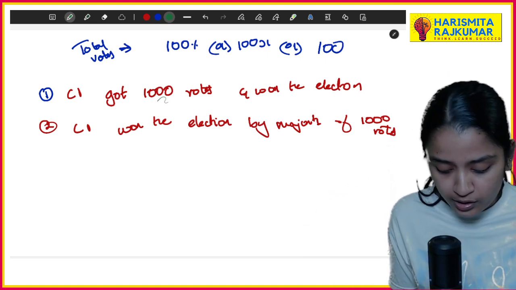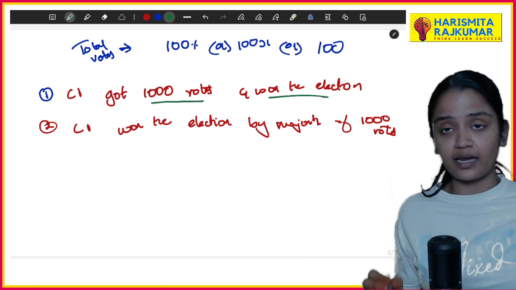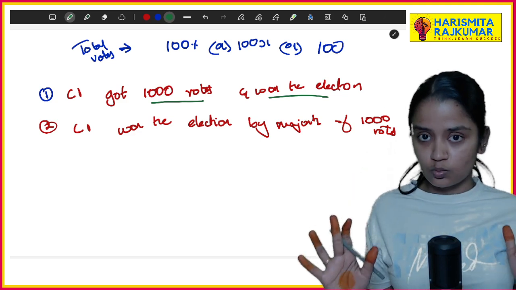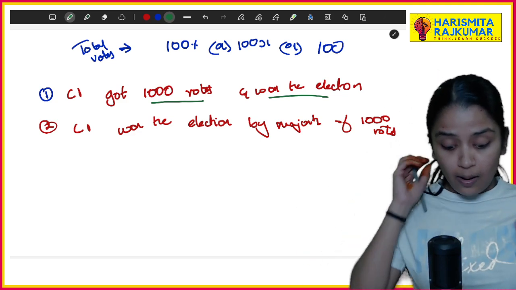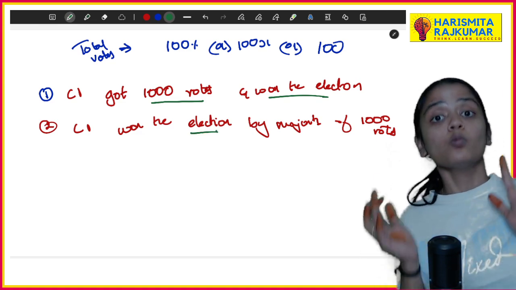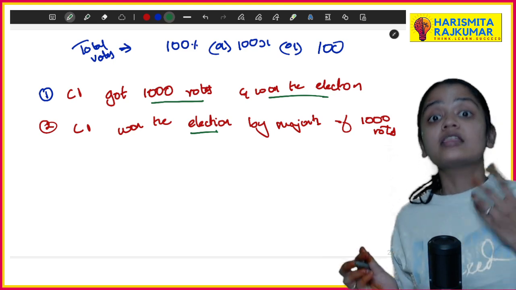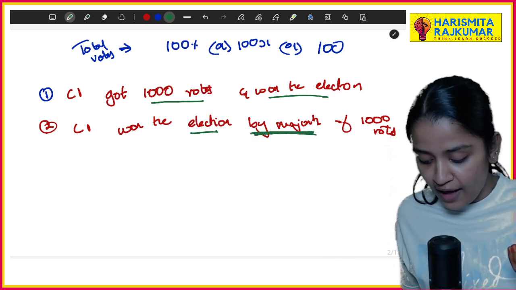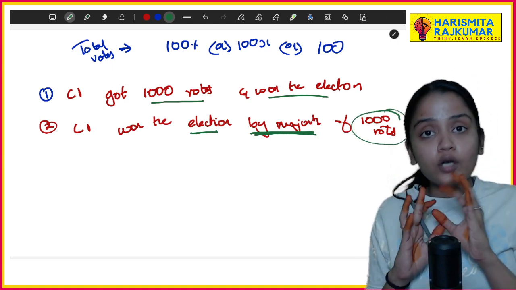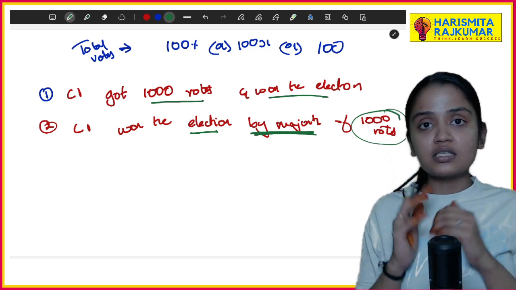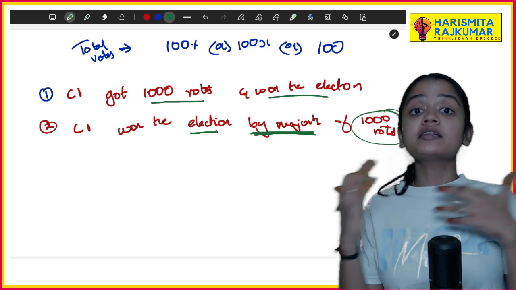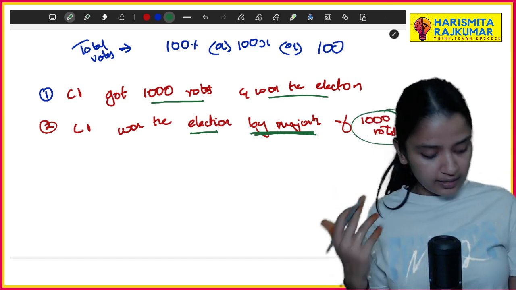Candidate 1 got 1000 votes and won the election, which means in total candidate 1 has got 1000 votes, then he won the election. But the second statement is candidate 1 won the election by the majority. If you have a statement like by the majority, they are not telling the number of votes candidate 1 won. They are talking about the difference between candidate 2 and candidate 1.